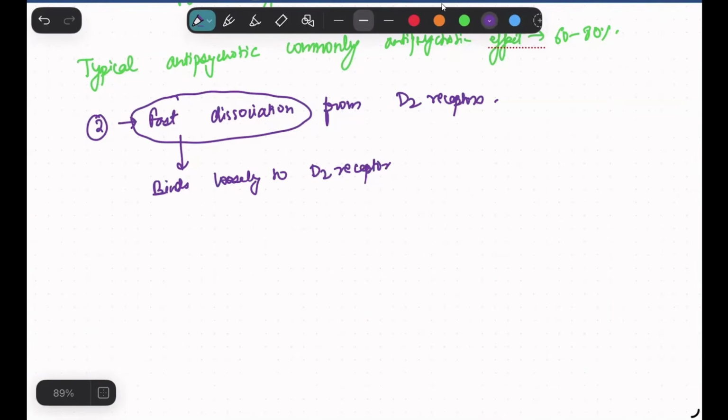What is fascinating is that it binds more loosely than dopamine itself. So what is the usefulness here? What is the impact of this?